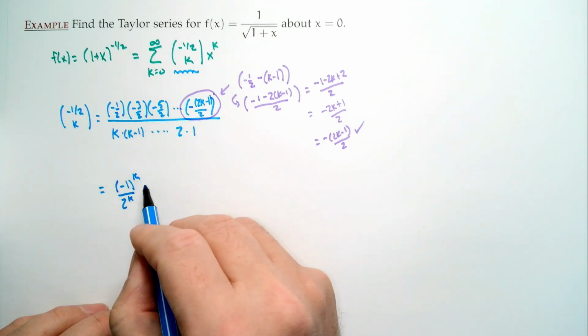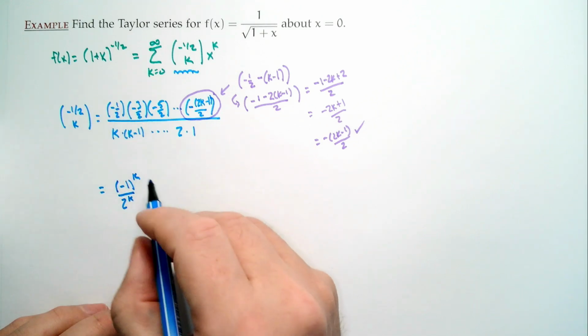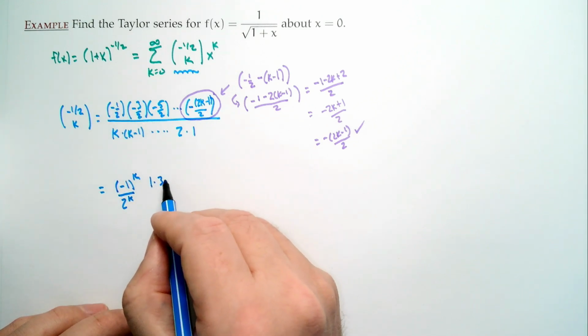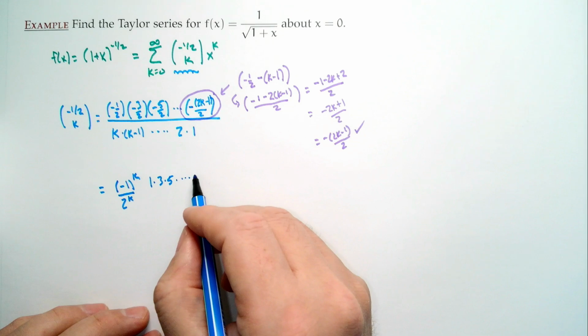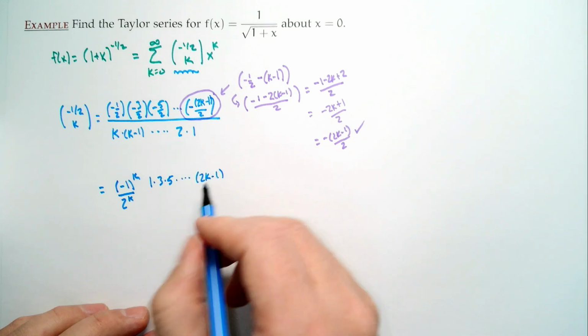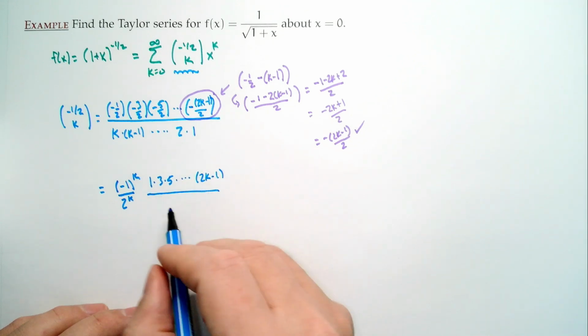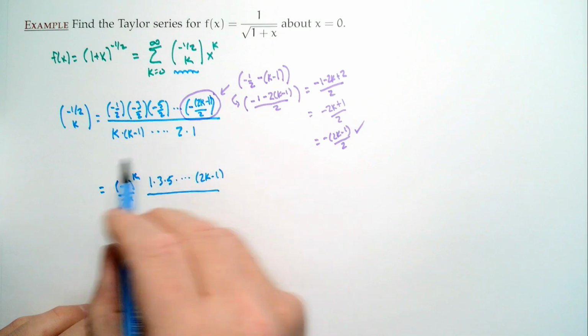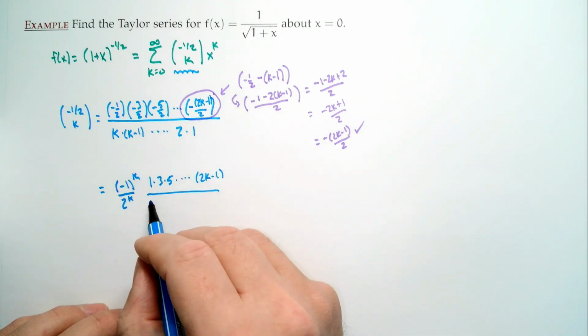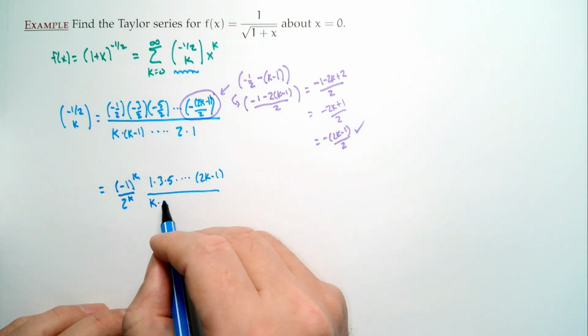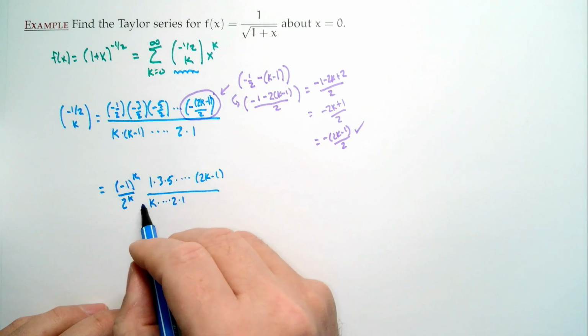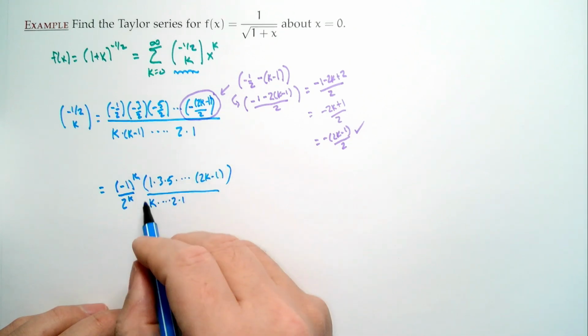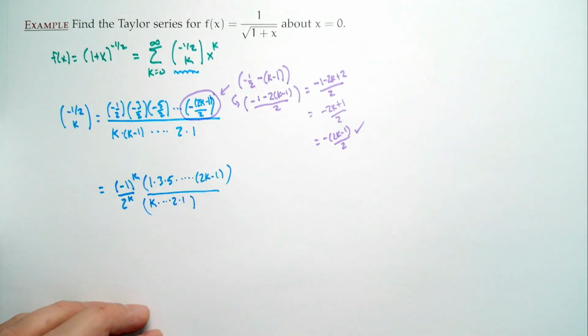And then upstairs, what do I have? Well, I have the odd numbers, 1 times 3 times 5 up to 2k minus 3. And then downstairs, I have all the numbers from k, k, down to 2 times 1. All right. So, there we go. That's our expression.